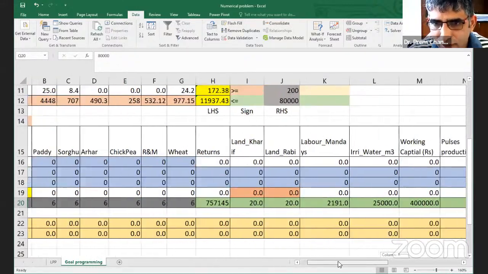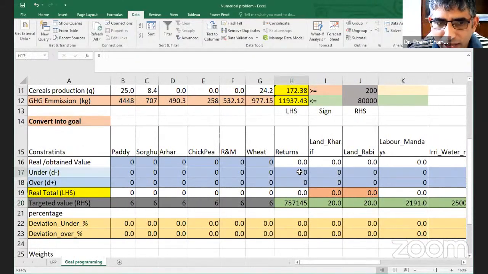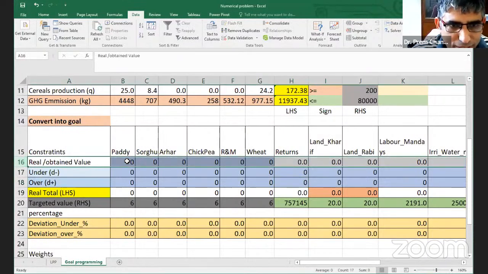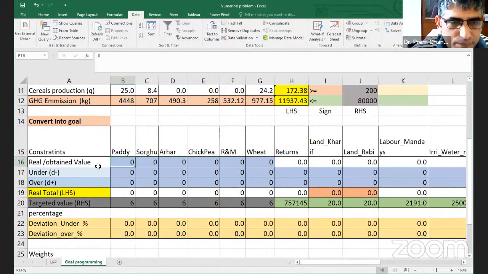Goals means that I will add negative under deviations and over deviations. Either I can accept under deviation or over deviation. So my obtained value will be here. This is my decision variable, cell numbers B16 to G16.